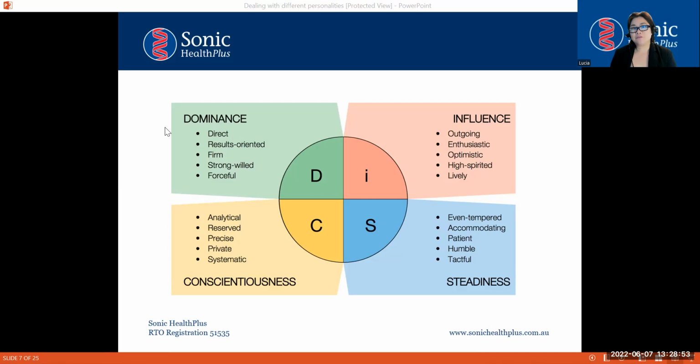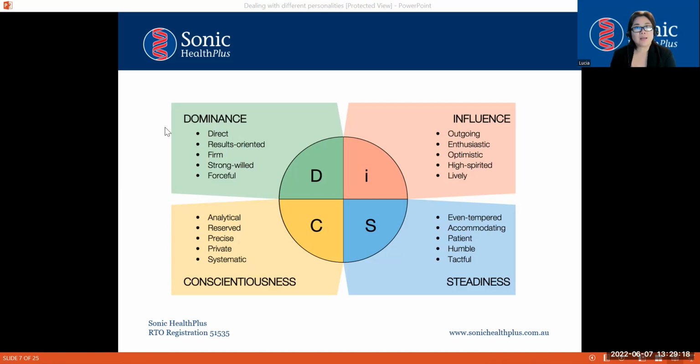But how different they are with the D is the pace, because they're slower than the D, and they're also very methodical. So there's a lot of detail involved when the C's talk. And they require a lot of details, which means that they will ask a lot of questions, okay? And they put a lot of facts and figures in their language.